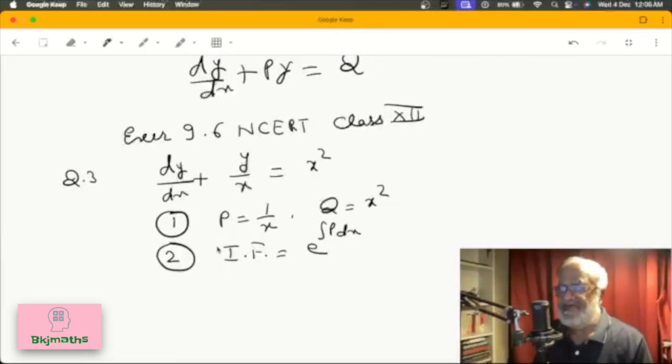So integration factor is e to the power integration of p, which is 1 by x, dx.